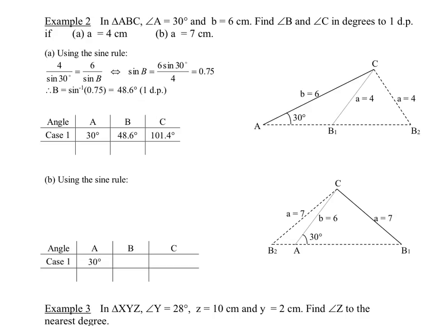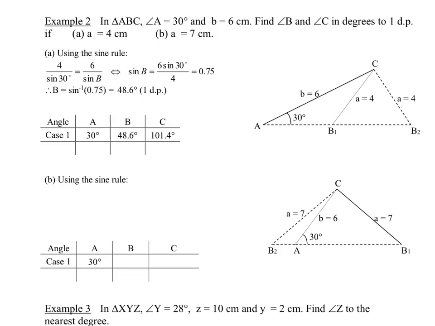However, that angle B that we found, 48.6, isn't the only possibility. There's also a possibility of this angle here. Since we have what looks like an isosceles triangle here, this angle here is 48.6, so to get this angle here, we just have to do 180 minus 48.6.